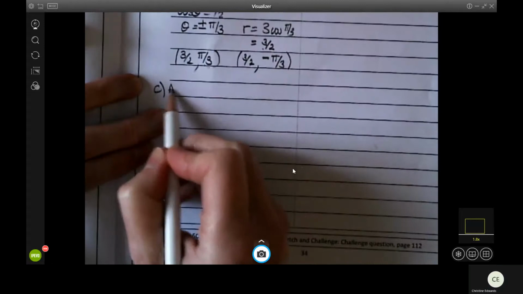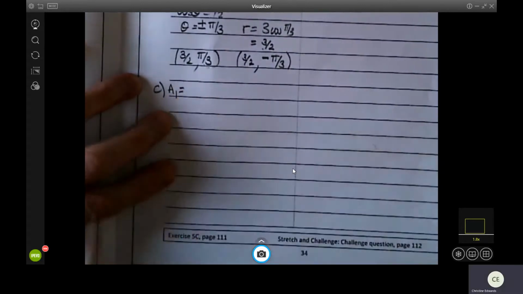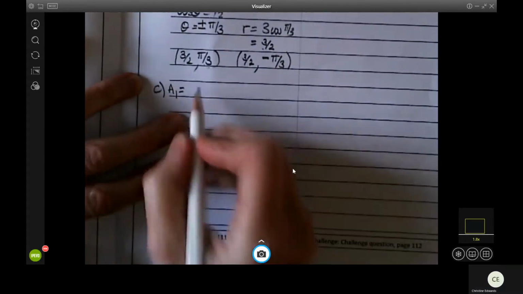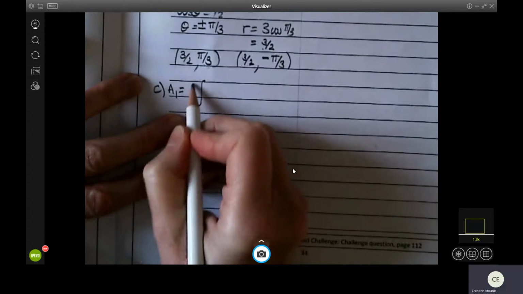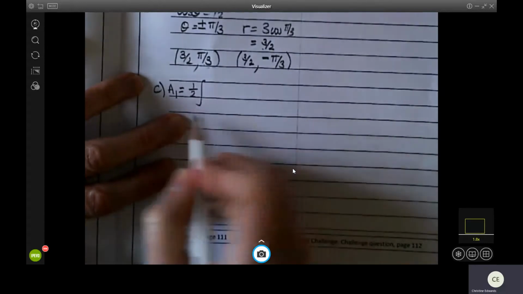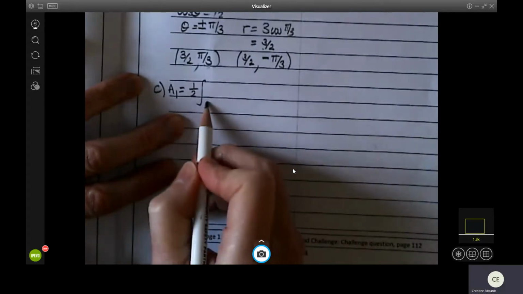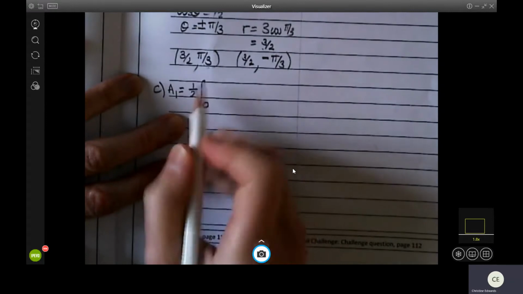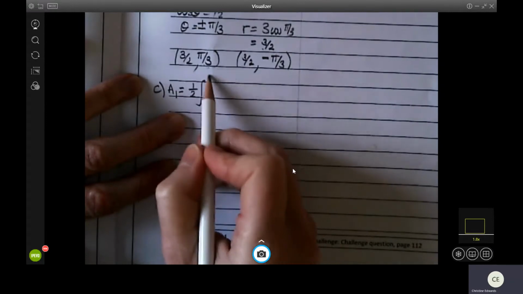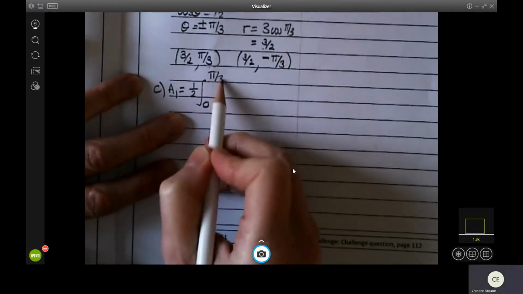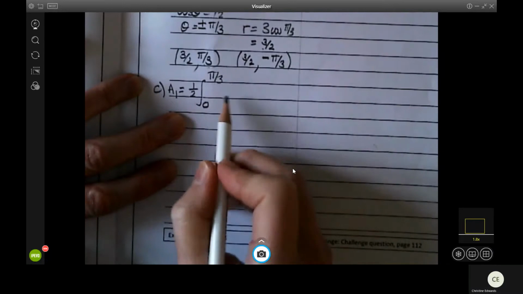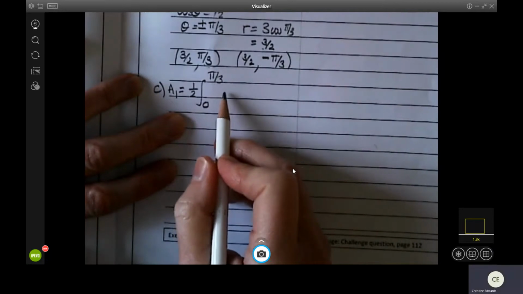A1 is going to be the integral, so forget the half in front, between the initial line, where the angle is 0, and the point of intersection, pi over 3. And the curve that is creating that area is the cardioid.